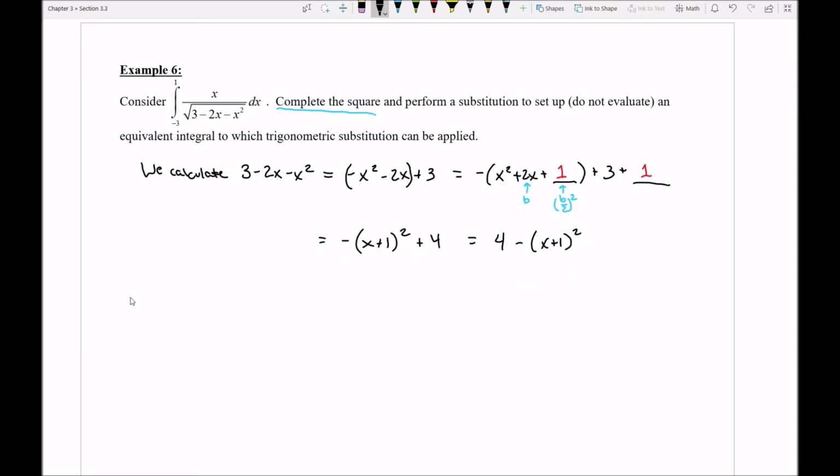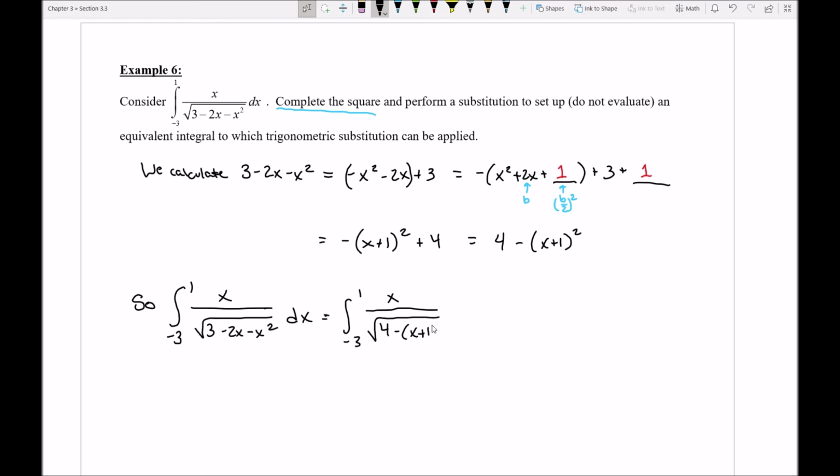If I now think about what I have, my integral, which used to look like this, can now be slightly rewritten. Using what we just found, I can replace what I have under the radical with 4 minus (x plus 1) all squared.